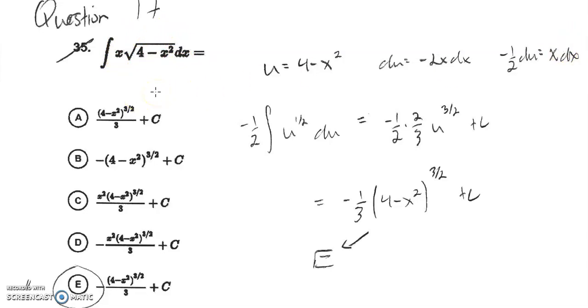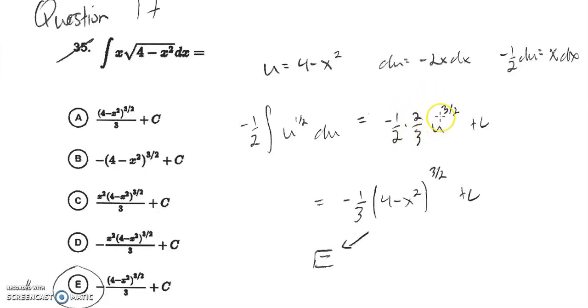Whenever I'm doing u sub and I get that coefficient of 1/2 or negative 1/2, whatever it is, I usually like to just put it out front to get it out of the way, so I don't have to think about it. So I can just do the power rule on this thing. I've got u to the 1/2. What do I get when I integrate that? I get u to the 3/2, and then I need to divide by that 3/2.